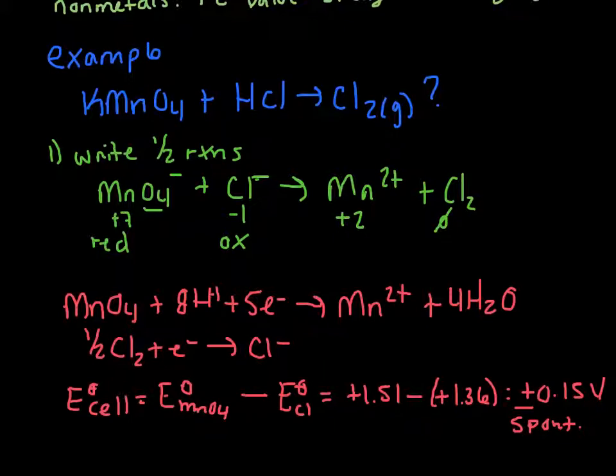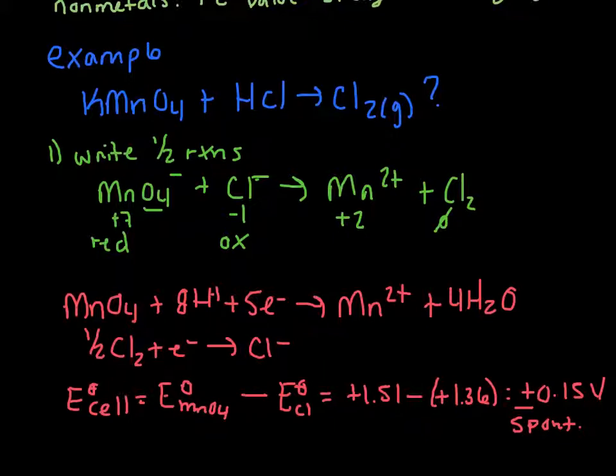Now, nothing here actually tells us what the rate of this reaction is going to be. So we don't know that, but we do know that potassium permanganate will react with hydrochloric acid to create chlorine gas, because permanganate is the oxidizing species and the reducing power of chlorine is there to help reduce permanganate, and so on and so forth.